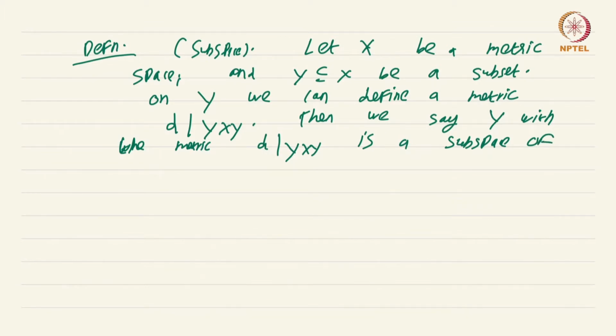There was no need to actually take out time and highlight this as a definition. Whenever you have a subset of a metric space, you can make it into a metric space in a natural way by taking the metric in the ambient space X and just restricting it to Y.